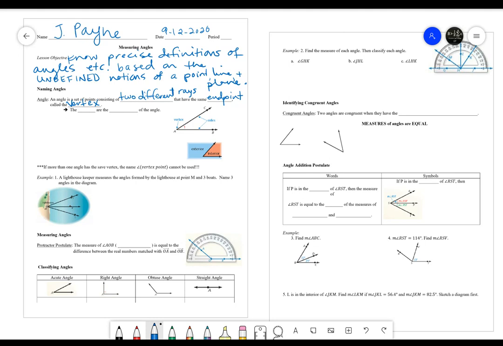Okay? The rays are the sides of the angle.